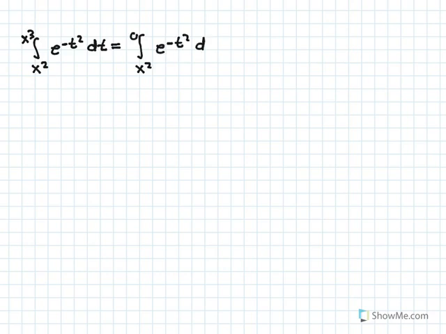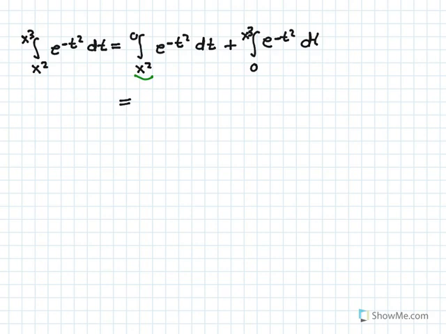All right, let's solve this. So what we have is the integral from x squared to x cubed, e to the minus t squared dt. That's split up: x squared to 0, e to the minus t squared dt, plus the integral from 0 to x cubed, e to the minus t squared dt. Now, the lower limit here, you will notice, is x squared, and we need to make that the upper limit so that we can apply the fundamental theorem of calculus.